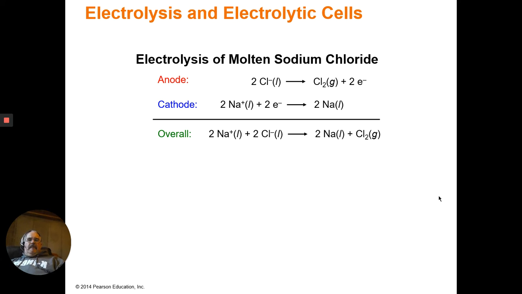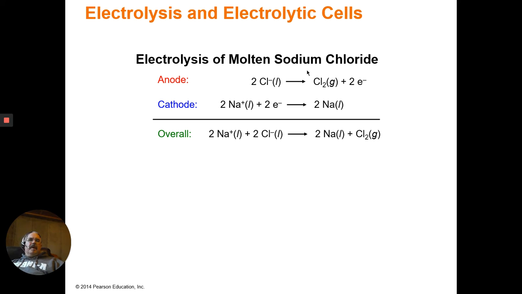This is the main way of producing sodium, and that is through electrolysis. In fact, a number of elements, particularly the group 1 and group 2 elements, and also the halogens, are produced by electrolysis. In the case of sodium chloride, they take sodium chloride and melt it.